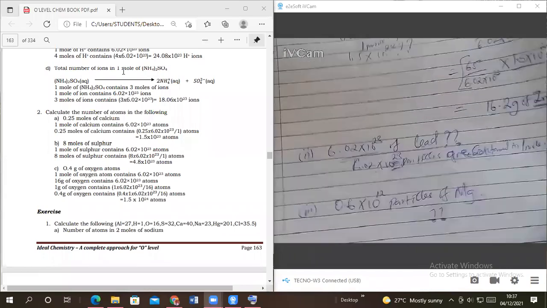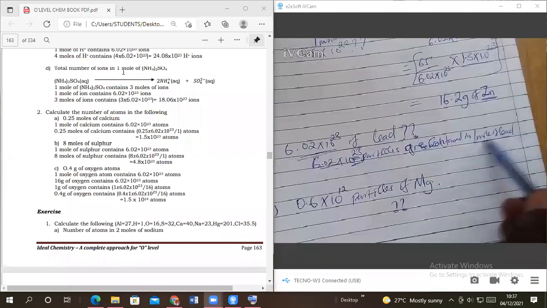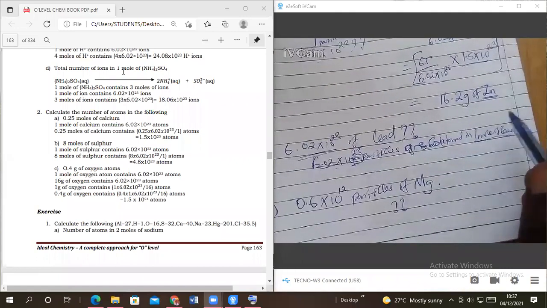So then you ask yourself a question: if these are 6.02, what is 1 mole of lead? 1 mole of lead is equivalent to what in terms of relative atomic mass?